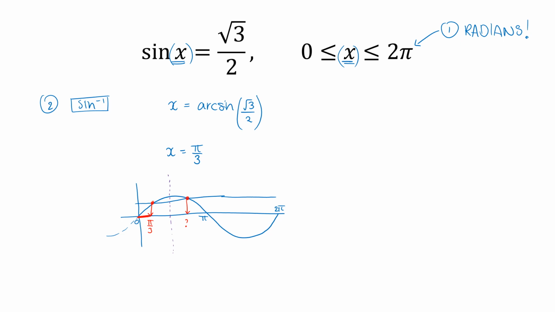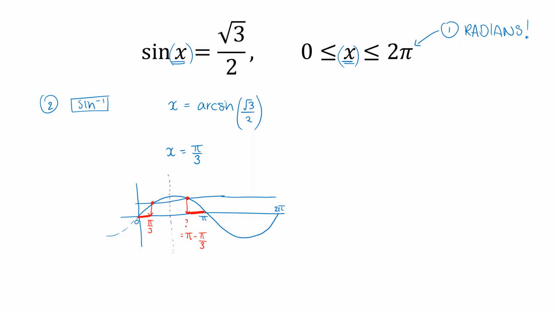We've gone from 0 to pi by 3, so it's a gap of pi by 3. Think about where that mirrors, and that gap is repeated. It's the same distance just over here, in between pi and the solution that I'm interested in. And hence, my question mark is pi, take away pi by 3. We're going backwards from pi, the amount of pi by 3.